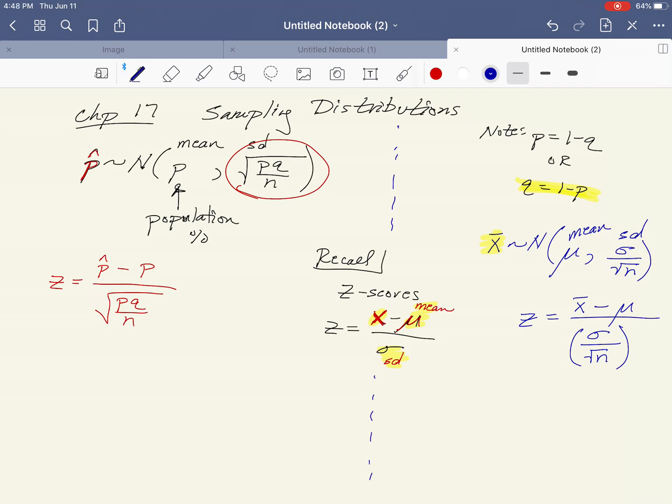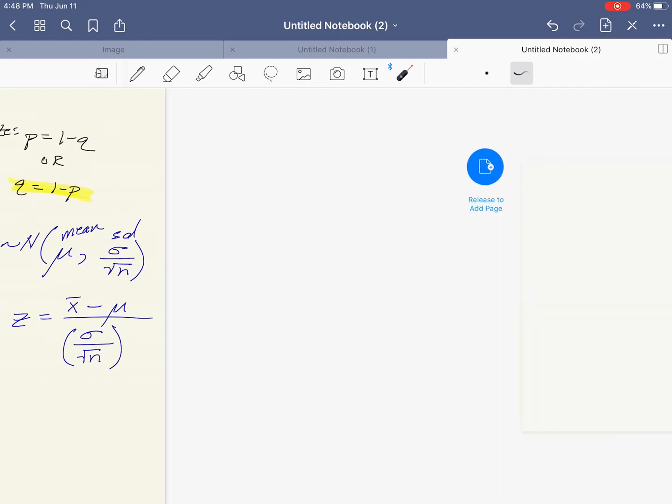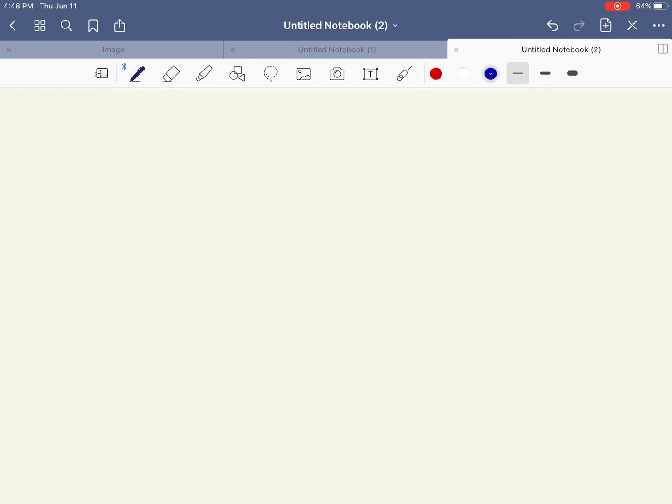Now, last time, remember with p-hat, we talked about the conditions, things like randomization, 10% rule, success/failure, the n times p, n times q needing to be greater than or equal to 10. This time, we're going to continue the talk around x-bar and what the conditions are when looking at the sampling distribution for the mean, or the sampling distribution of x-bar.